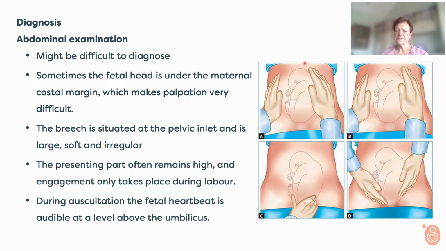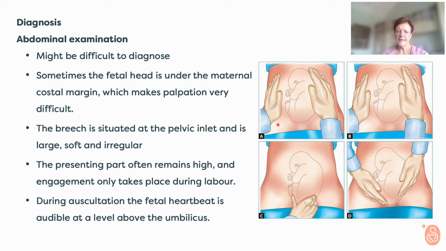And as I've said, with the ballotment, only the head will move, while when you ballot or move the breech, the whole body will move, and that's usually how one distinguishes between the head and the buttocks part.